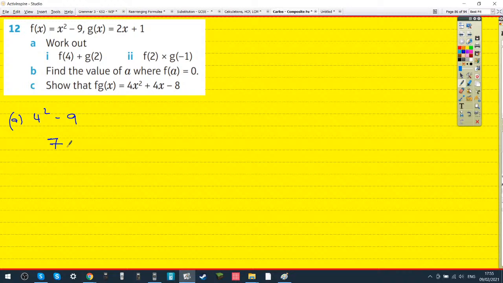Then 2 times 2 plus 1, 5. So 7 add 5 is 12. That's it. And how about part B?